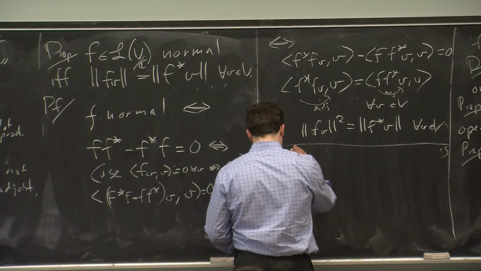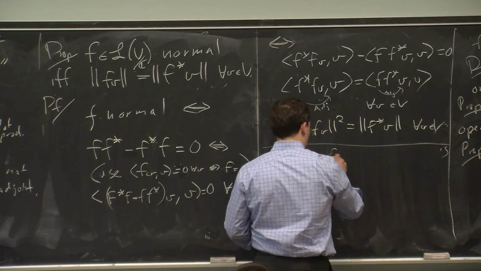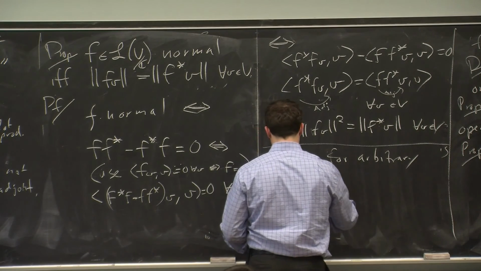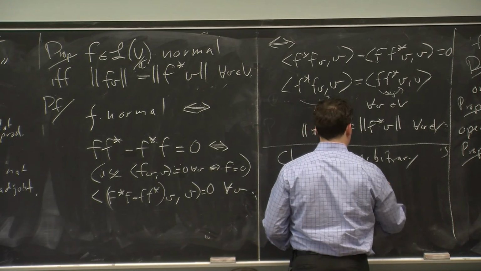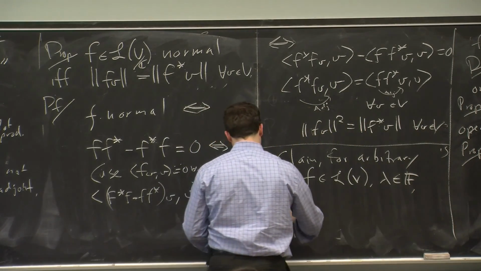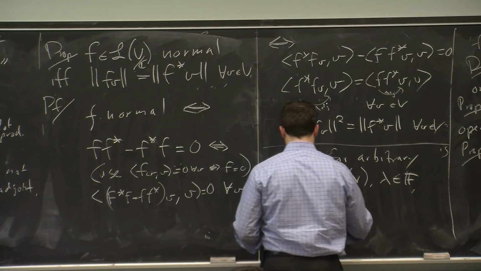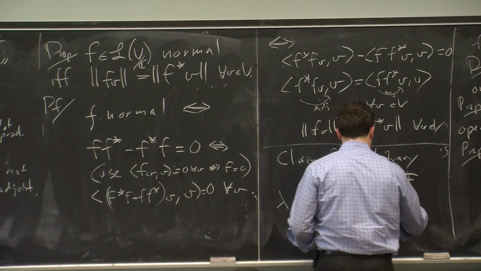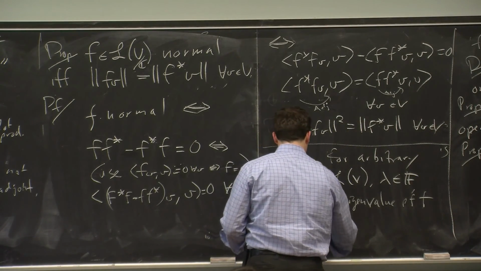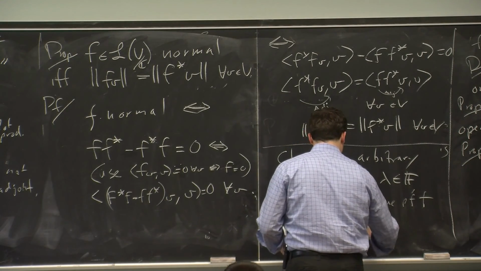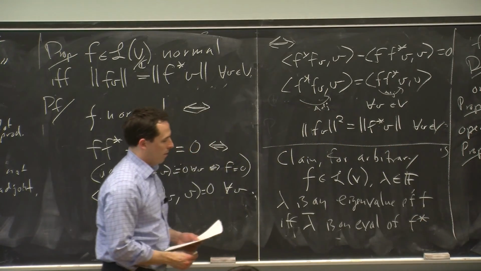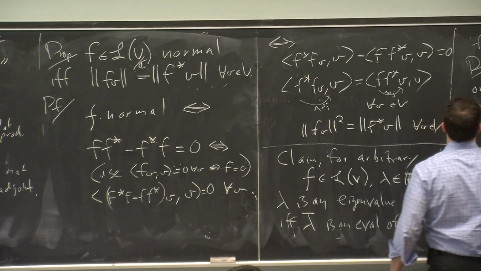But first, let's talk about just arbitrary operators. For an arbitrary linear operator f and lambda in the field, I want to claim that lambda is an eigenvalue of f if and only if lambda bar is an eigenvalue of f adjoint. Again, we'll make some equivalent statements.